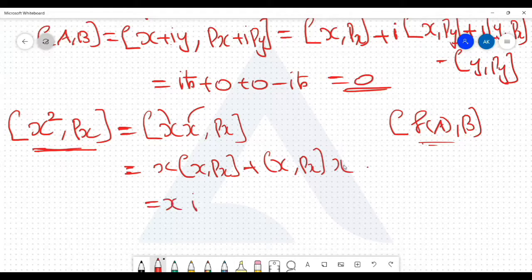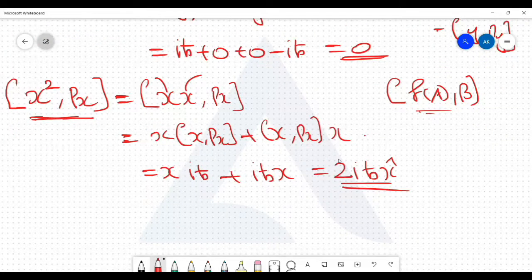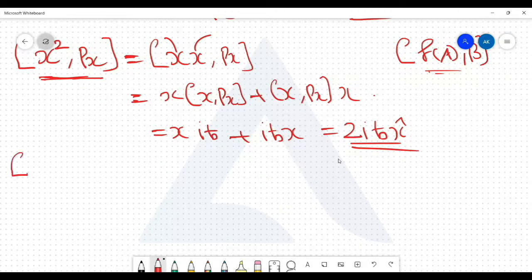So [x, px] is iħ, plus iħ x. This is 2iħ x. Right. But using this equation, we can solve it in a single step.